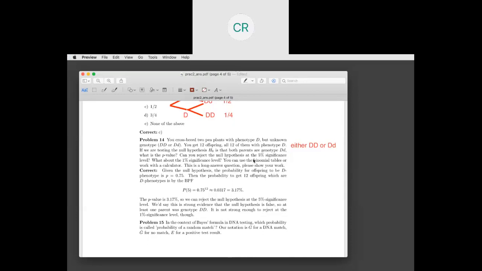So if you get any offspring which is a lowercase d, then you automatically know that none of the parents can be capital D. They're not purebred capital D plants. They are mixed heritage.